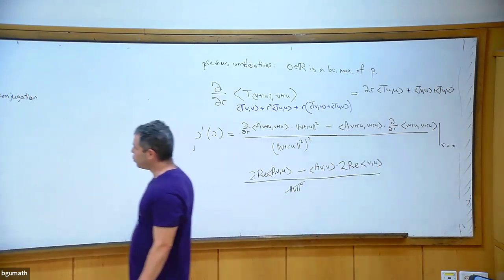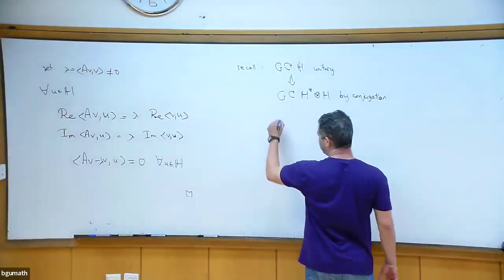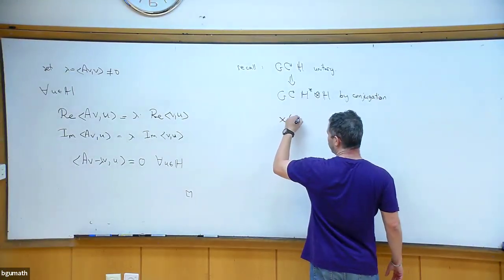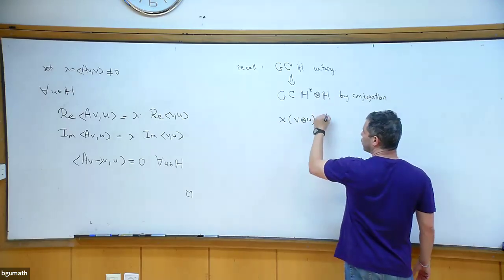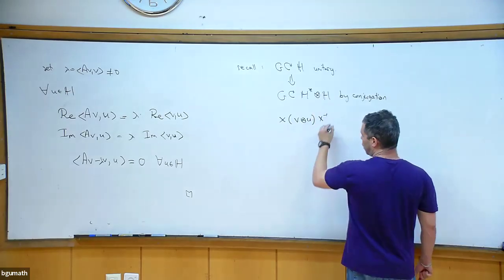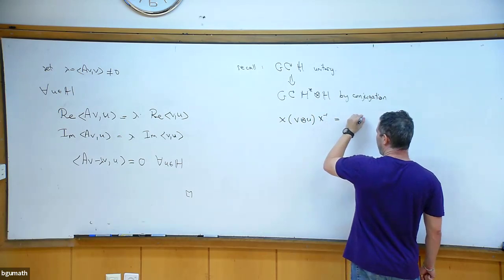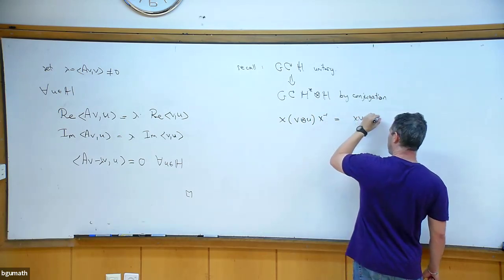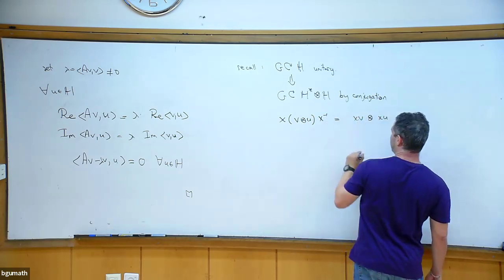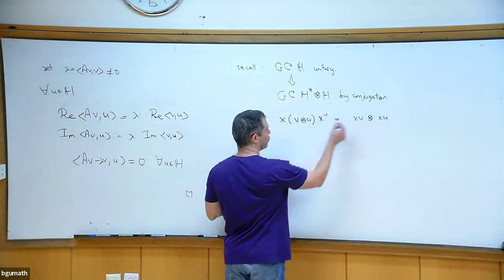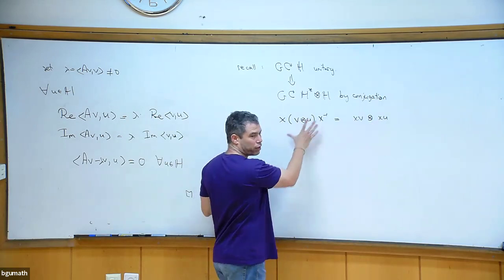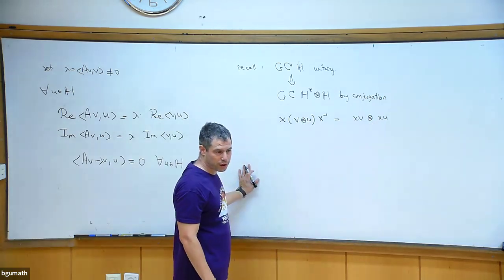I'm reminding you what conjugation looks like. We can ask what the conjugation of a basic tensor in the Hilbert-Schmidt space looks like. You can act on V and then take its tensor with the action on U. Here you first act, then you take tensors. Here you first take tensors and then you act in the Hilbert-Schmidt space.